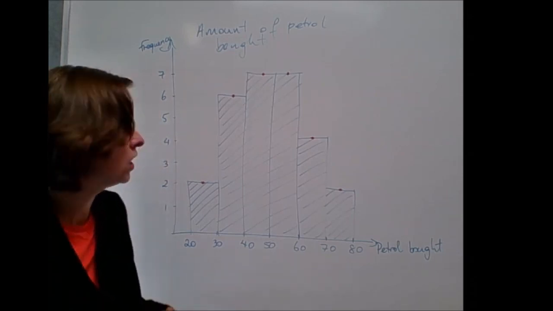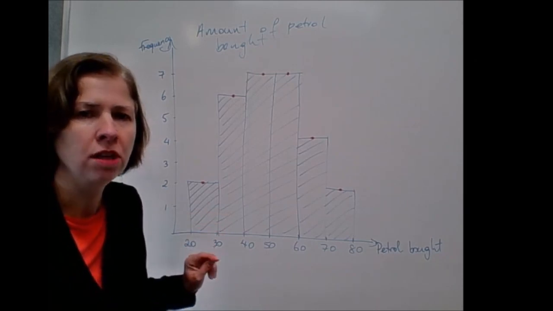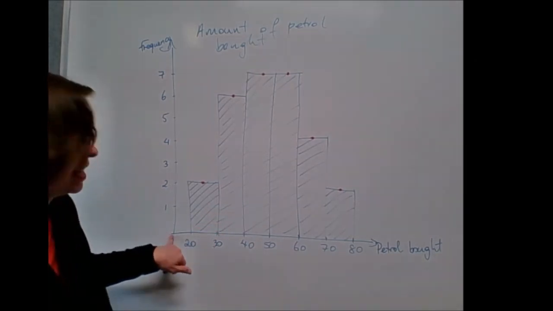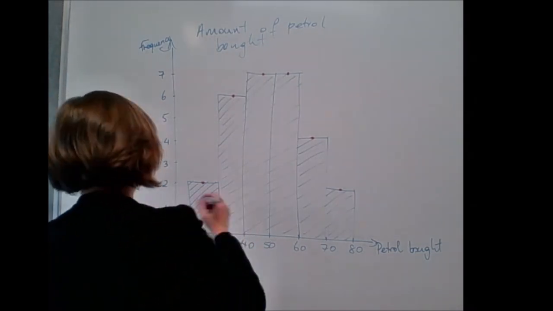I've simply drawn a line at the correct frequency in the midpoint of each column, and now I start down here and draw a straight line connecting each.